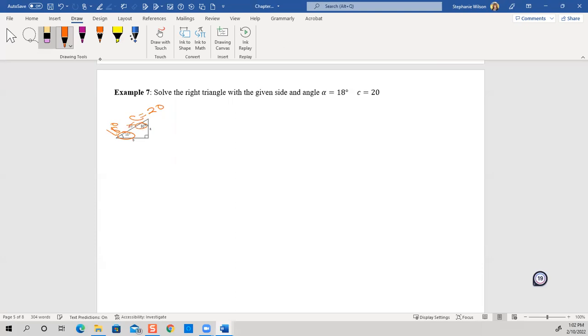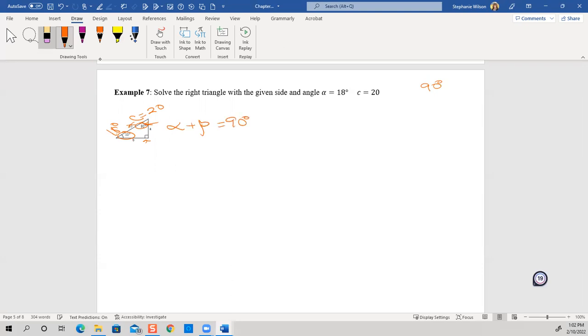Well, what we know is 90 degrees is right here, and then the other two corners together give me the rest. So I can figure this one out right quick. I know that alpha plus beta equals 90 degrees.